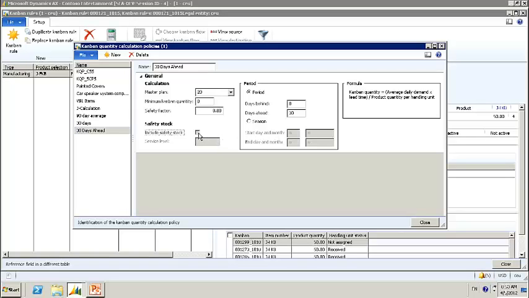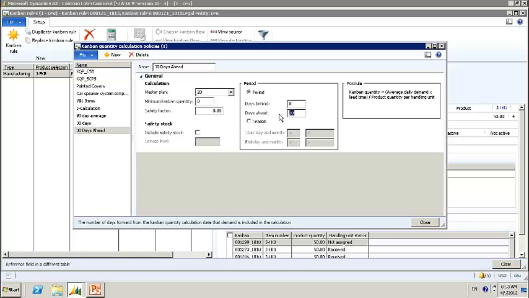If I start changing things, it'll update my rule to reflect that when it's calculated. I don't have any safety stock in the way I calculate it this time, but I could. And then, do I want to look days behind, which would look at historical usage, or days ahead, which is going to look at planned requirements for the future?